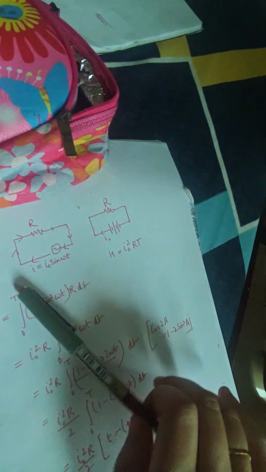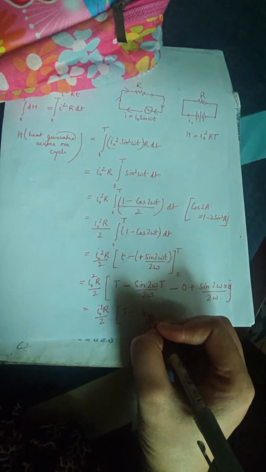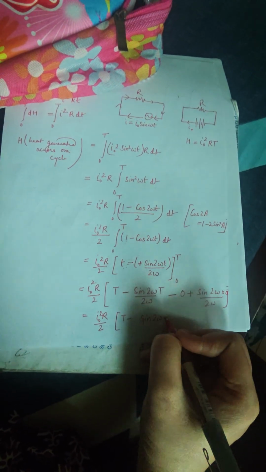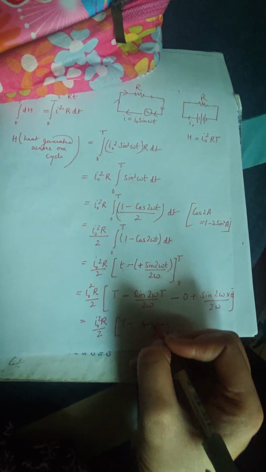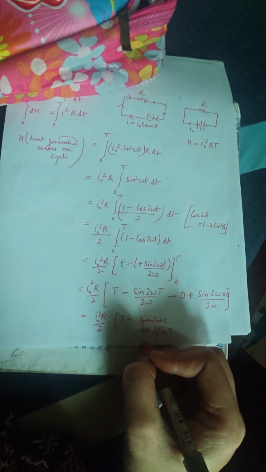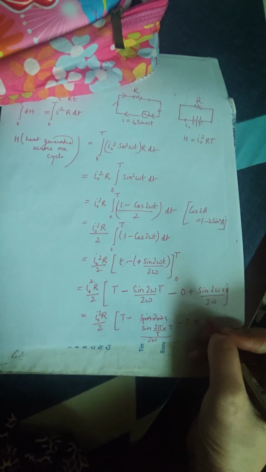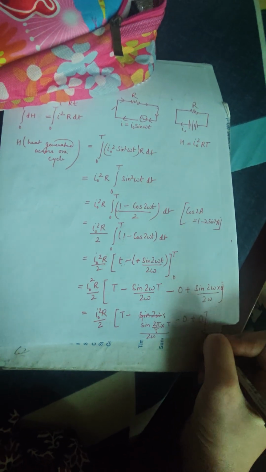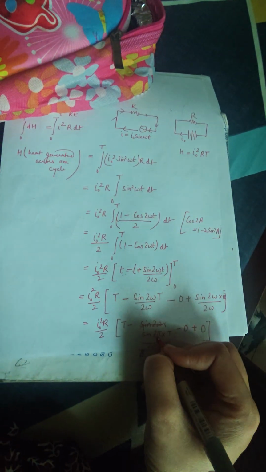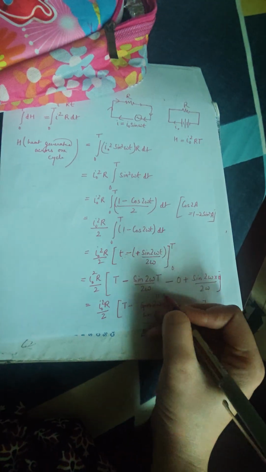When I put the values here, sine 2 omega, 2 omega means it's basically sine 2 pi upon T into T, and there's this 2 omega at the bottom, minus 0 plus sine 2 omega into 0 will be sine 0, which is 0. And then if you cancel out this T with T, you are left with sine 2 pi. This term is again 0.